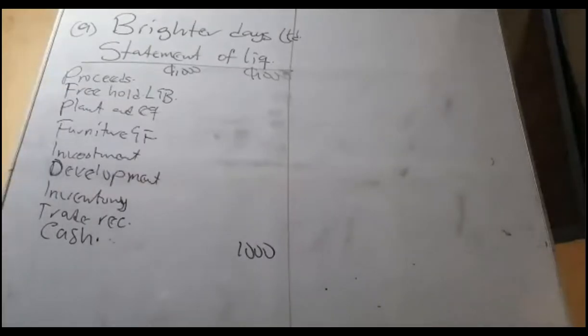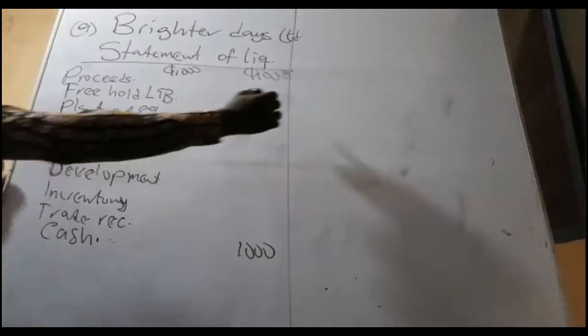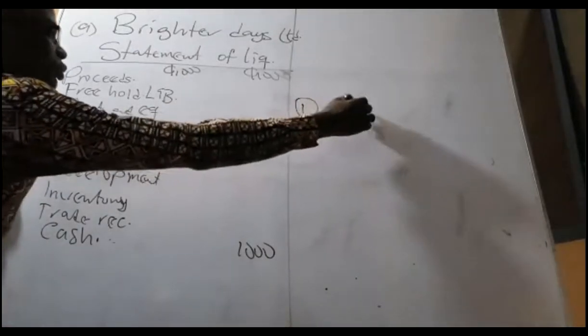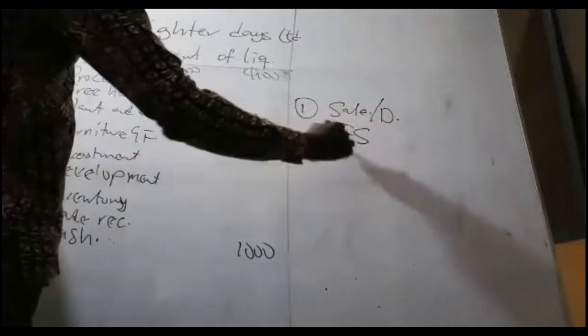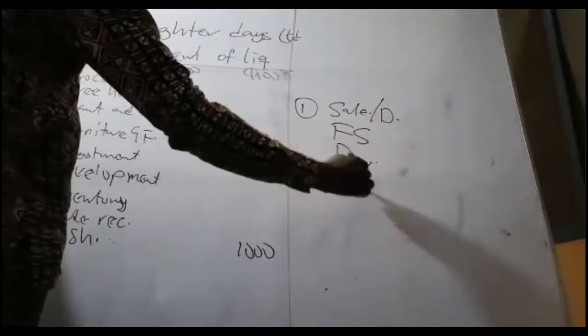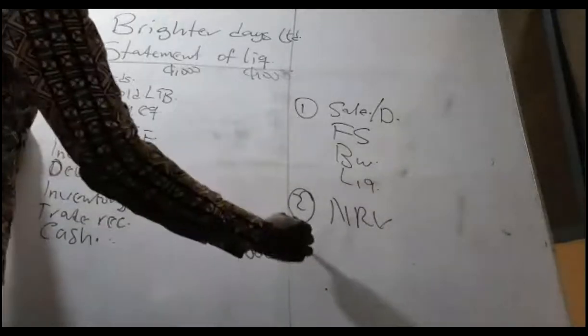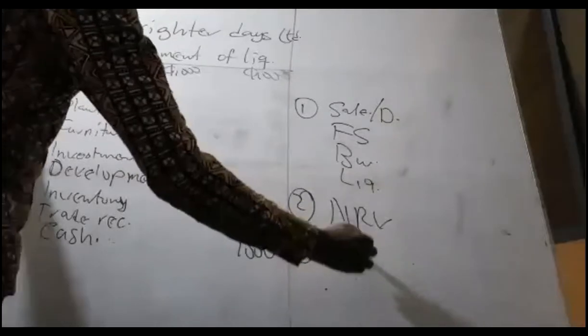Then you go to the footnotes to select the proceeds. We said first, as usual, select the sale value. If the sale value is not there, the same as disposal or for sale, break up, or liquidated values. If this one is not there, number 2, select the NRV. If NRV is not there, immediately select the recoverable amount.